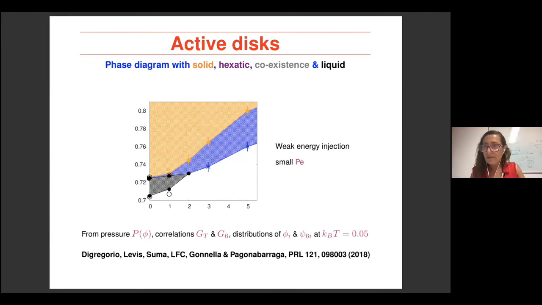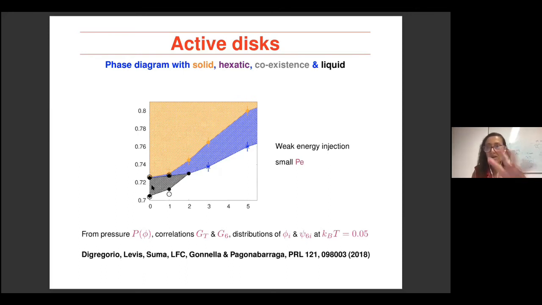You can also do measurements of local density and see that you have 2 peaks in these distributions of local densities, one corresponding to the liquid and one corresponding to the exotic phase.